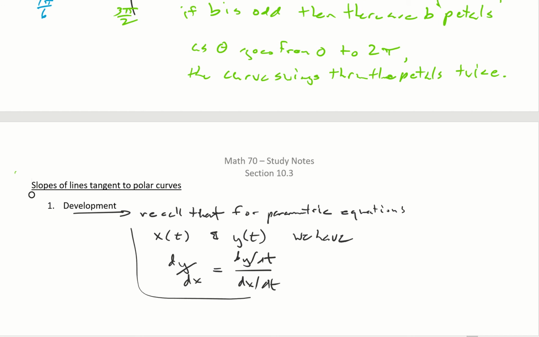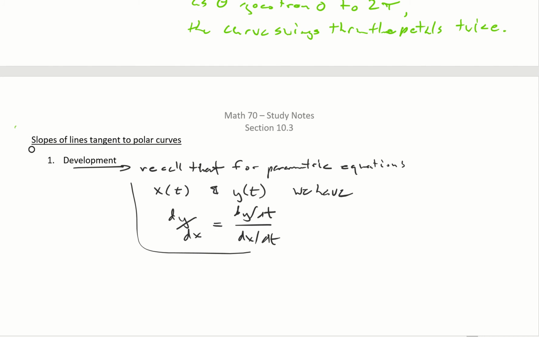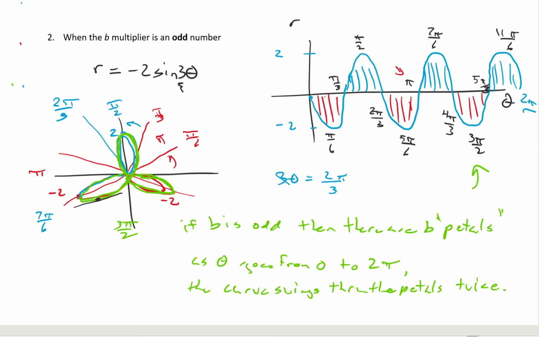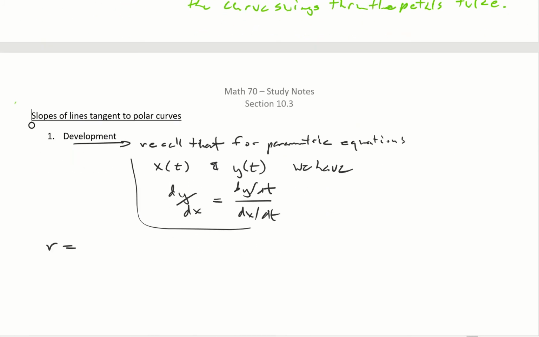Trouble is, do we have parametric when we're faced with a function that says something like, oh, I don't know, r is equal to, what was that one with the rose curve? Yeah, that was r equals minus 2 sine 3 theta. So the question is, what is dy/dx? And the answer is, the development does this.